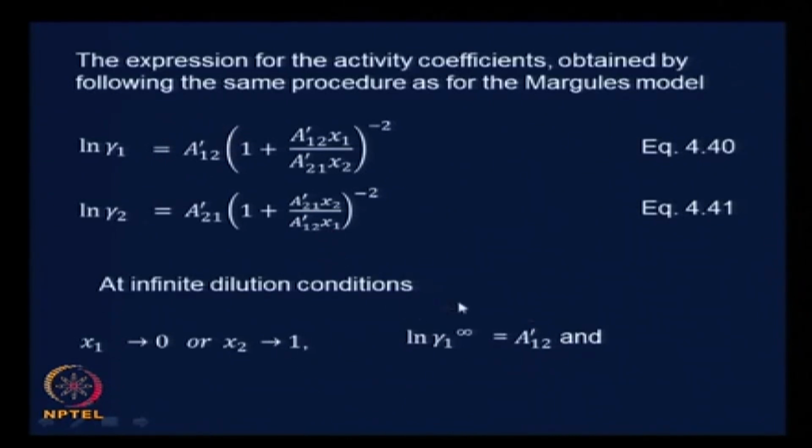Similarly, if you substitute x2 equals 0 here, this term vanishes completely and this term reduces to 1, and therefore ln gamma 2 infinity is nothing but A21 dash. So we have seen three models: the Margules model, the Redlich-Kister model, and the Van Laar model.